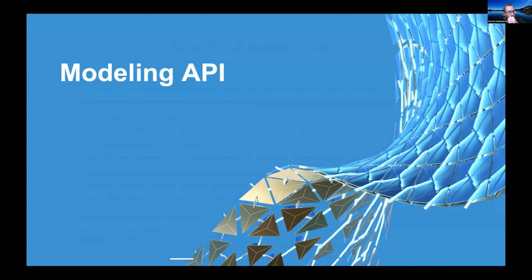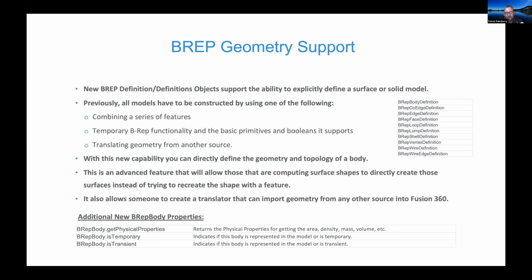So yeah, going to try to go real fast now because I want to save some time for questions. This is another one, again around getting really specific about creating geometry. If you have some more sophisticated translation requirements and you're trying to read more raw BREP geometry in, there are now methods for basically every BREP type.